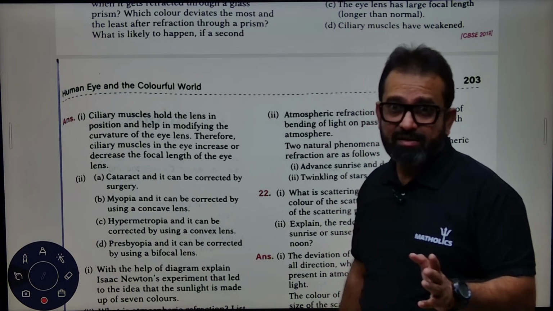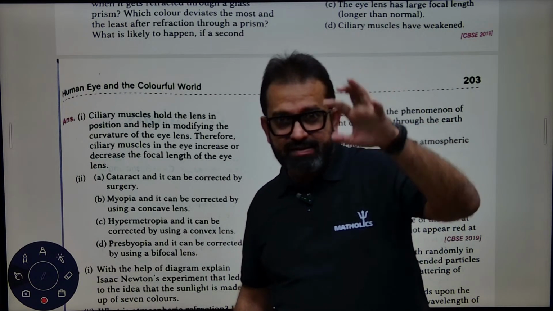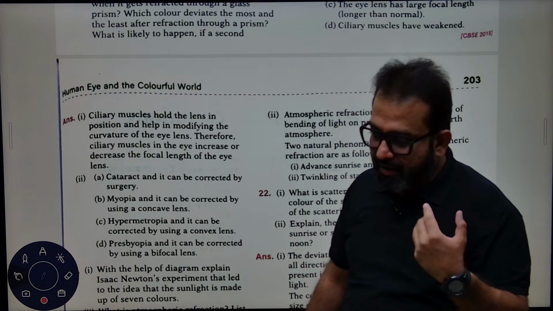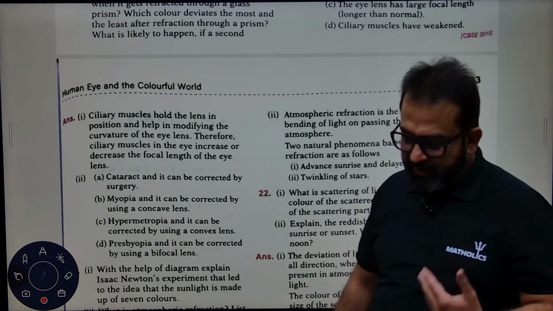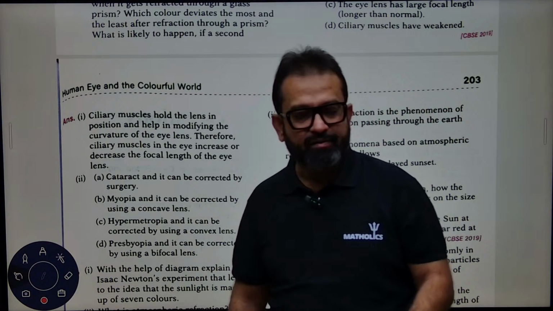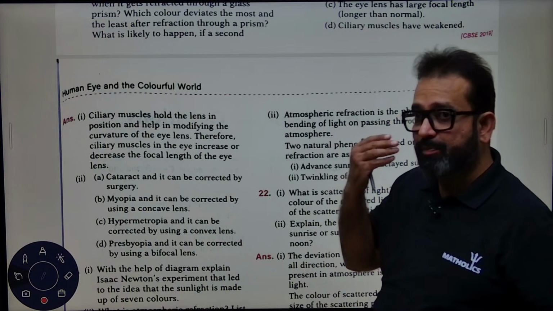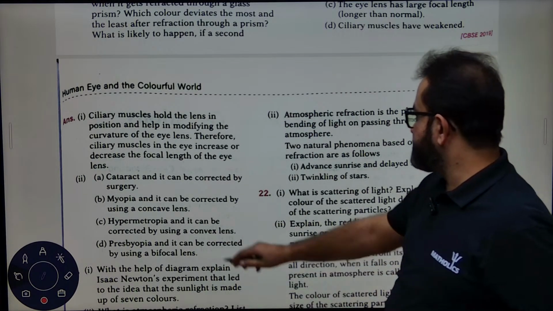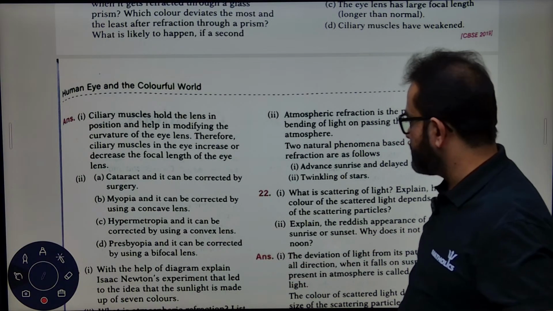When ciliary muscles are weakened, they cannot control the increment and decrement in focal length. And when the focal length is not controlled, presbyopia happens, that means myopia and hypermetropia both, and it can be corrected by using a bifocal lens. We have done this already.